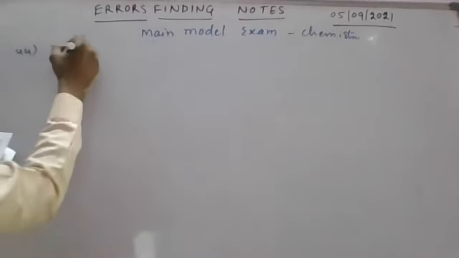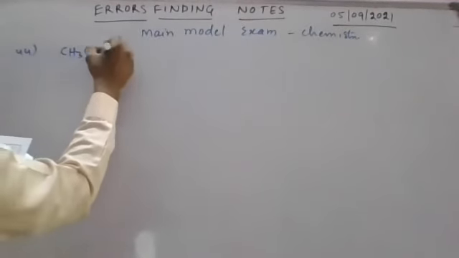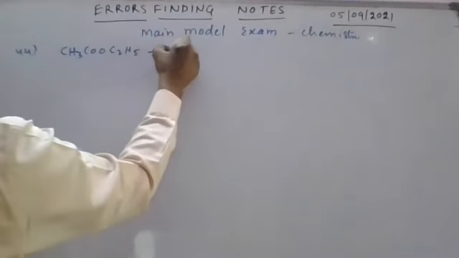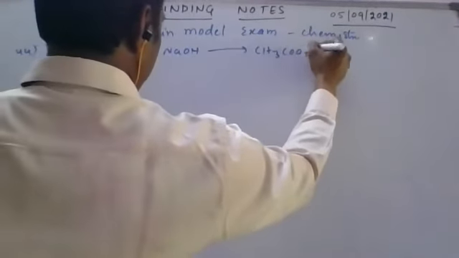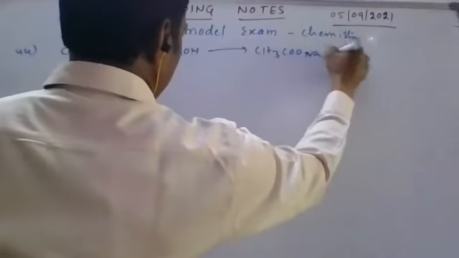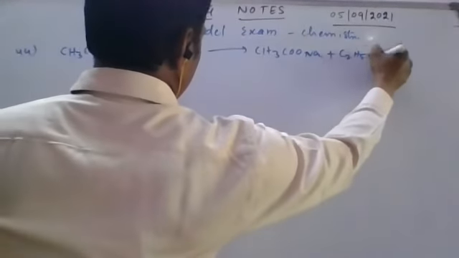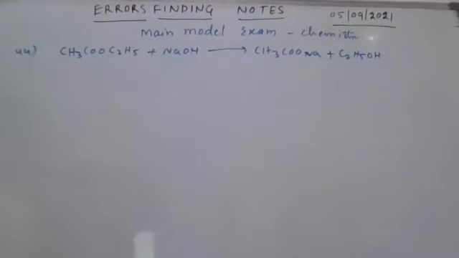Question number 44. Ester hydrolysis: CH3COOC2H5 plus NaOH gives CH3COONa plus C2H5OH. This is a base hydrolysis.